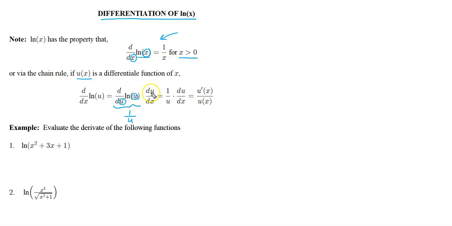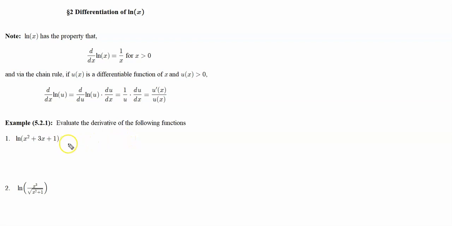And then we just have to multiply by du/dx. And what we get is 1 over u times du/dx. And this piece right here is just u prime, of course, and we end up with u prime over u. So that's what the derivative of the ln of u is with respect to x.